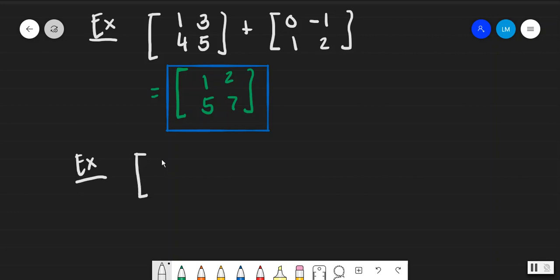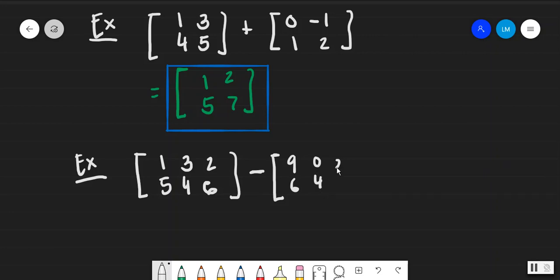Let's say you had 1, 3, 2, 5, 4, 6, and we wanted to subtract a matrix with 9, 0, 3, 6, 4, -1. Then we can actually solve this similarly.